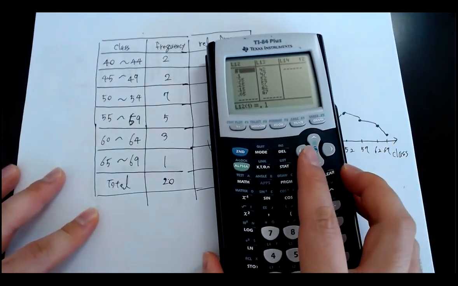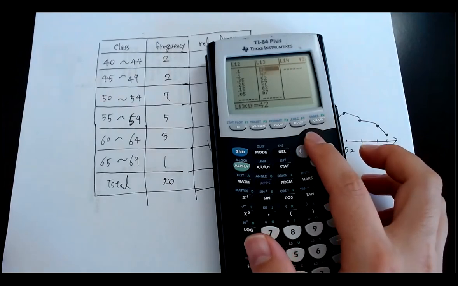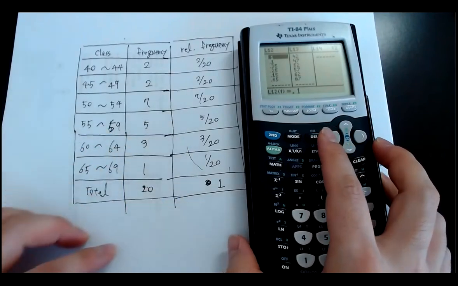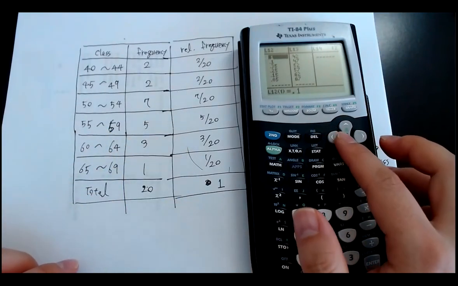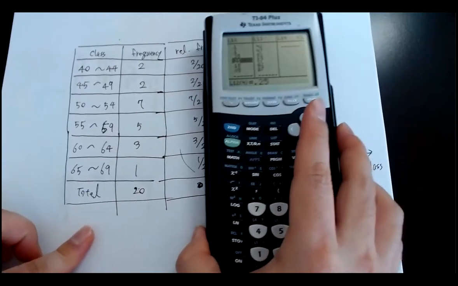Okay, so I just enter the middle class values in column L13, and then I enter the relative frequency in the column named L12.